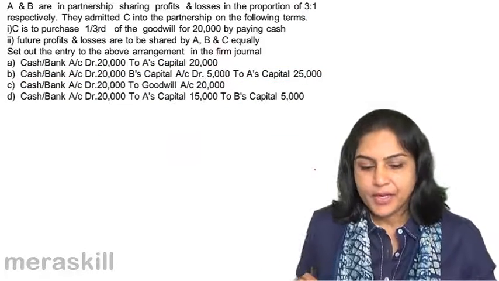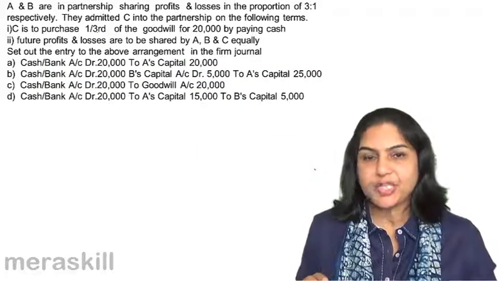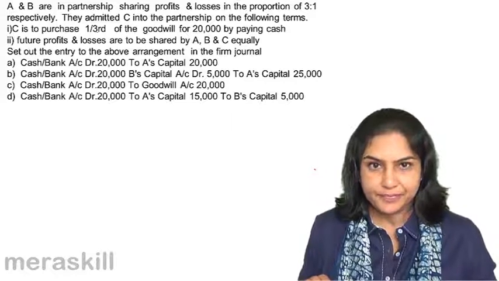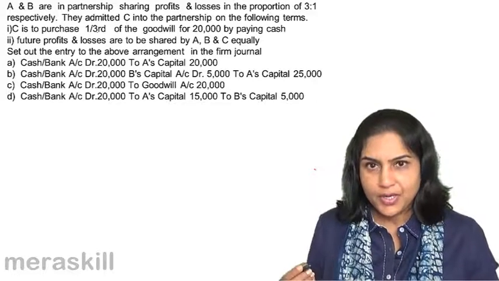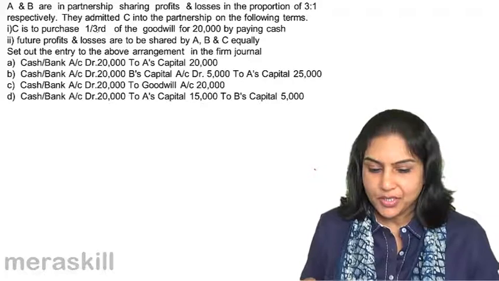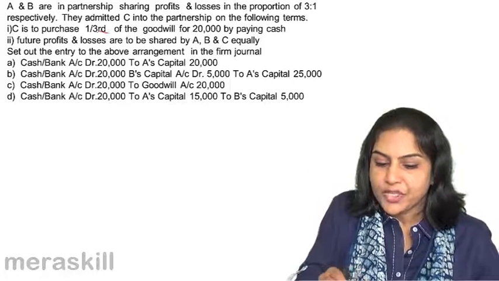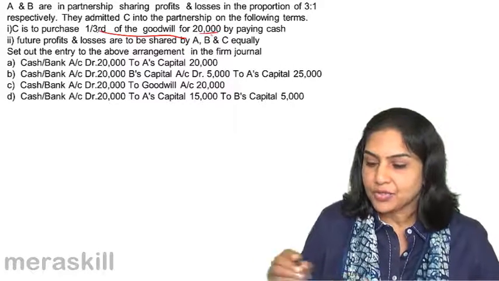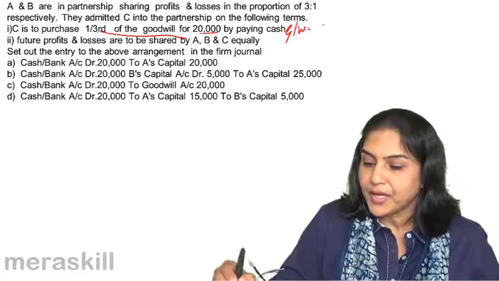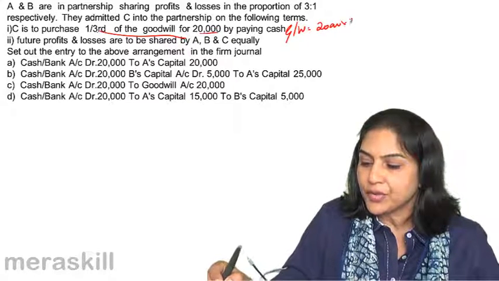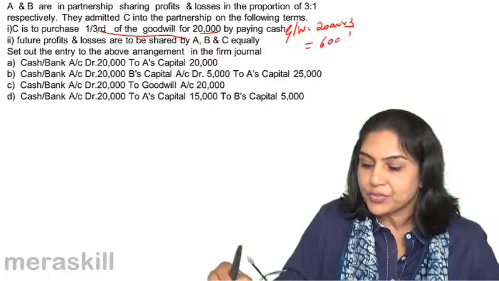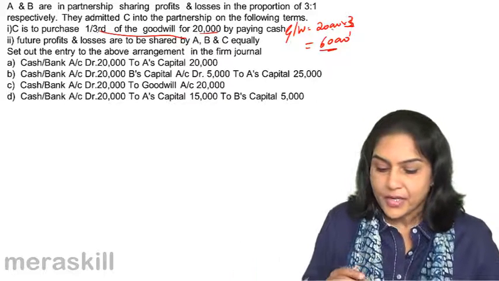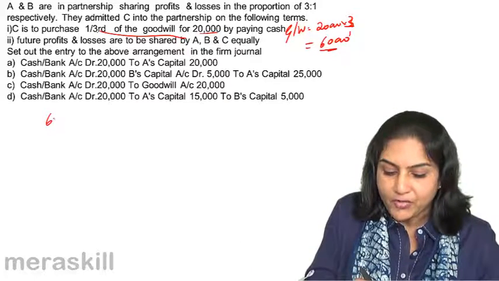Alternatively, in a multiple choice question format, we could simplify the calculation. We know C is to purchase 1/3 of the goodwill for 20,000. So the total value of goodwill is 20,000 into 3 by 1, equal to 60,000.